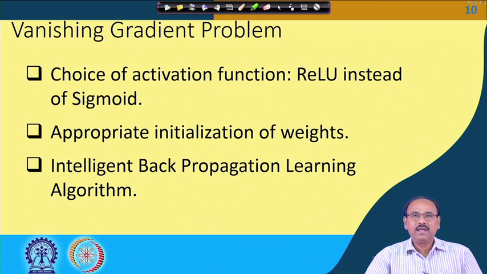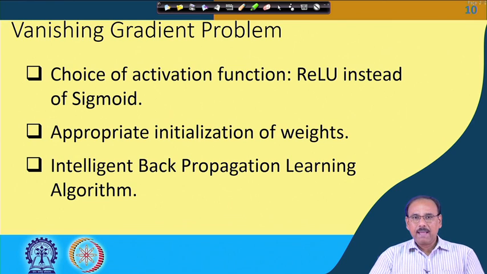As we have seen, if we use the sigmoidal activation function, its gradient is always less than 1. The maximum value of the gradient is 1/4. So, instead of the sigmoidal activation function, you can use ReLU or rectified linear unit, for which the gradient is 1. That is the reason that ReLU has become very popular in modern neural networks over activation functions like sigmoidal or tan hyperbolic.